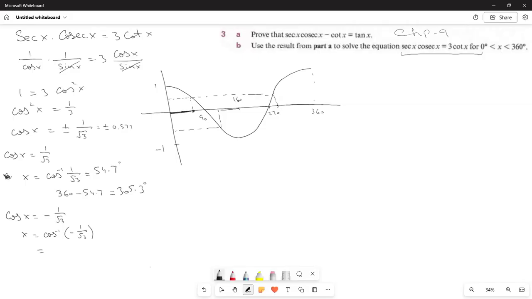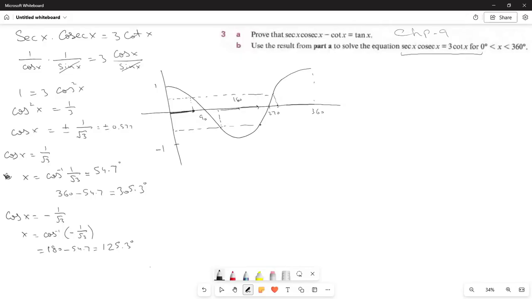So this answer is going to be 180 minus 54.7. Okay, and this is going to be 125.3 degree.